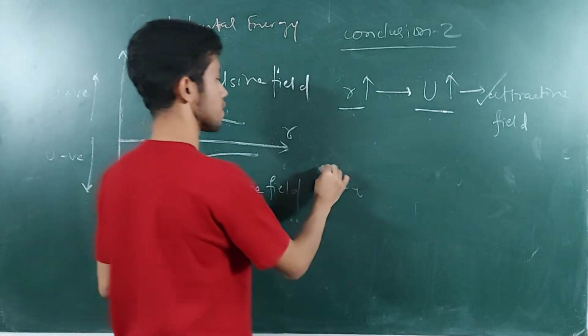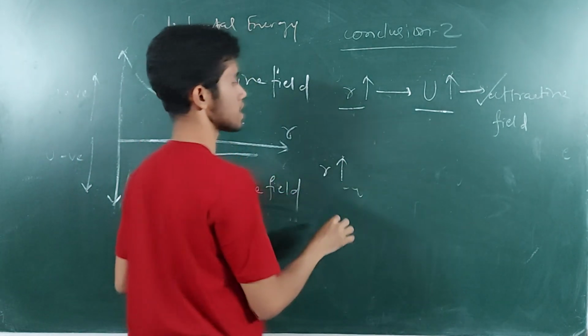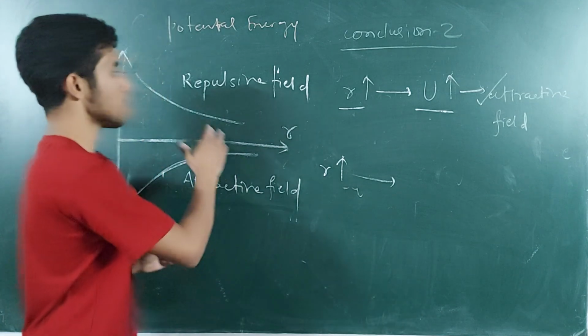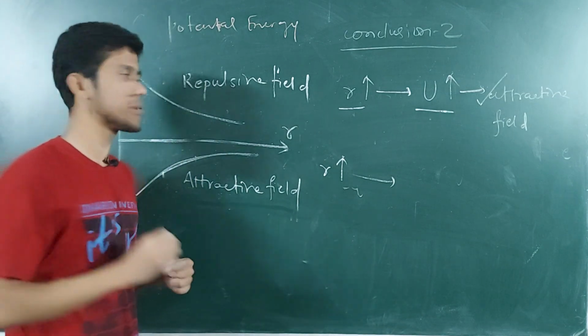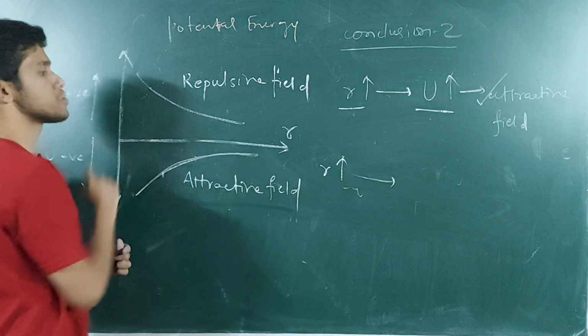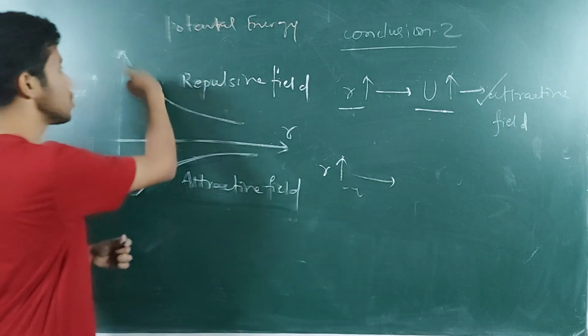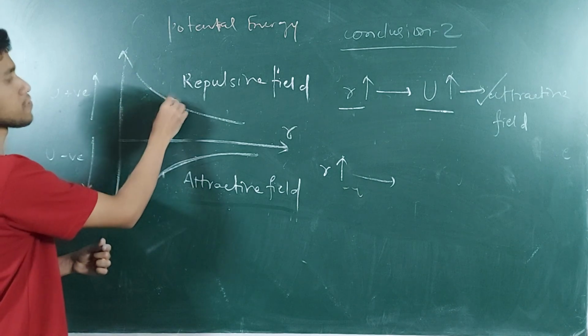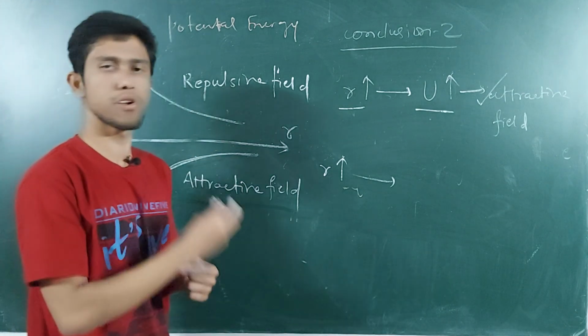Next conclusion: if R is increasing but U is decreasing, which of these two graphs shows U decreasing? It is this graph in which, with increasing R, U is decreasing. Suppose here it is +5, then +4, +3, +2, and so on, it goes on decreasing.